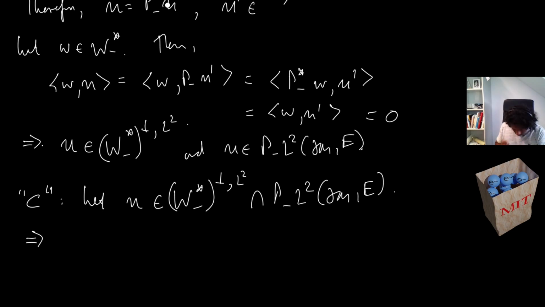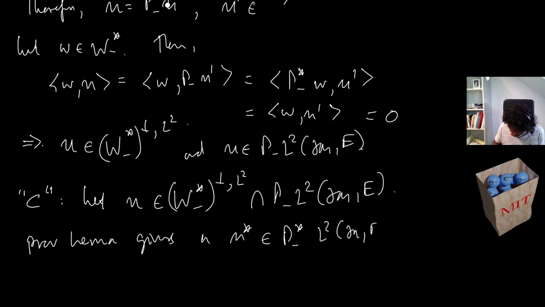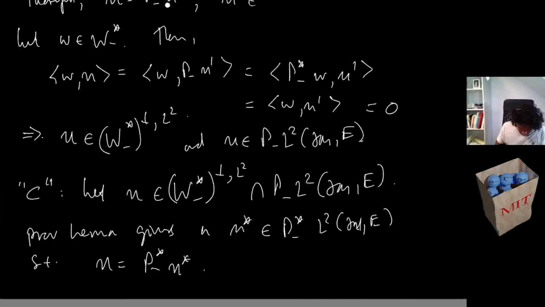So we know from the previous lemma that it gives U star in P minus star L2 such that U is equal to P minus star L2 of U star. Okay, so we have this because of the way that the spaces sit.